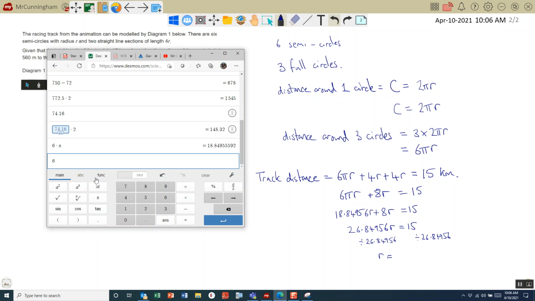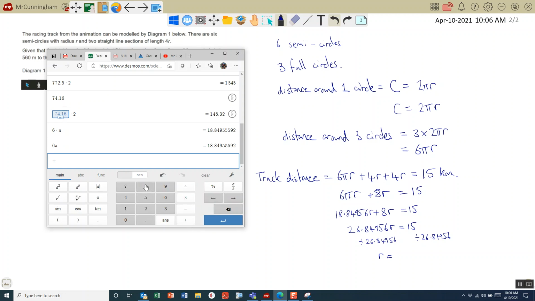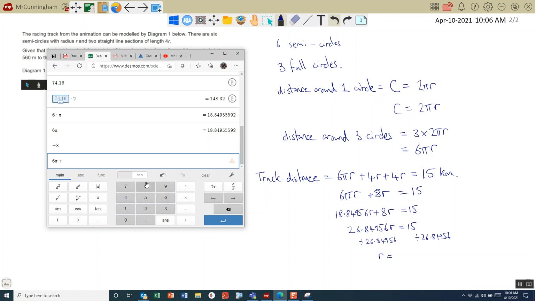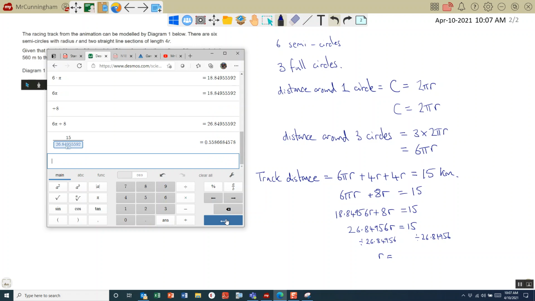I'm just going to put that previous 6 times pi, and I want to add on the 8, sorry, so just do that one more time, 6 times pi plus 8. Okay, so I've got my 26.84956, and I just did that so I don't have to worry about rounding, because I can do my 15 divided by that previous answer, I get 0.55866.